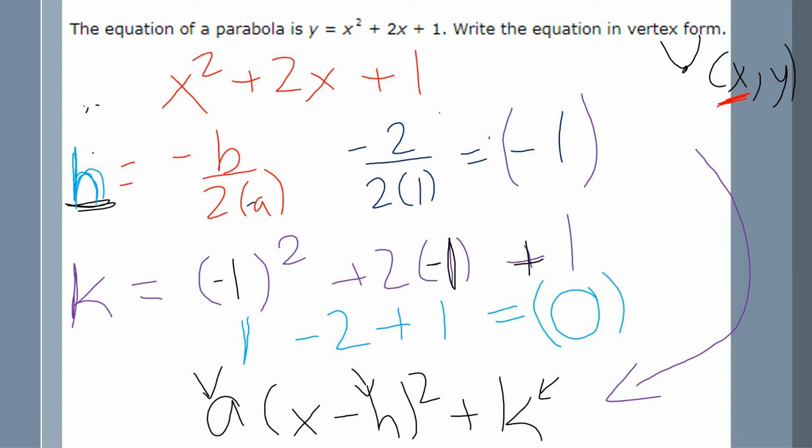Now, we can finally go over here and plug in those values. Now, we never had an a, but we had x or h to be negative 1.